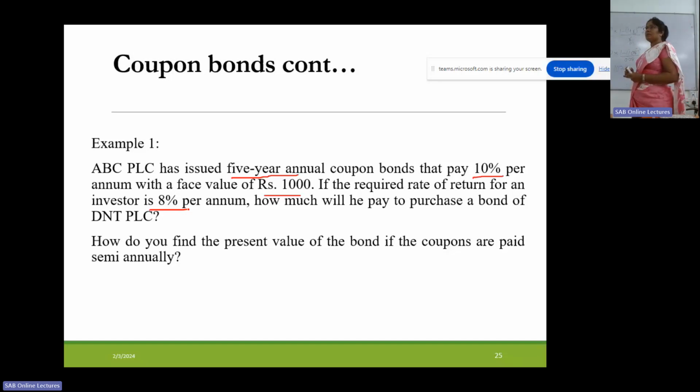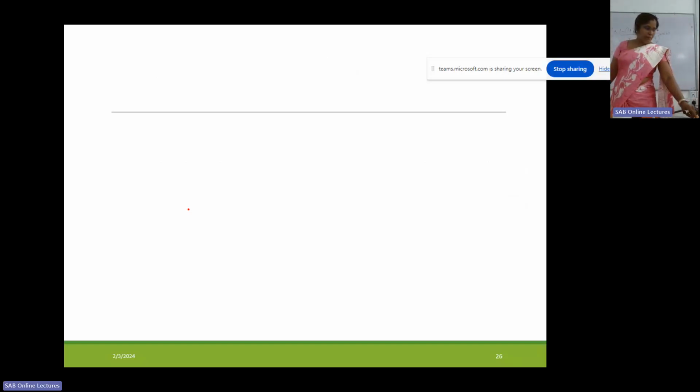This is the value or the amount that the investor will pay if he is going to invest. We say this bond is selling at a premium. This is calculating the bond value. 1079.85, correct.